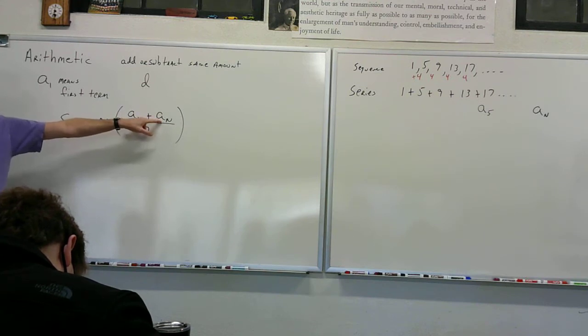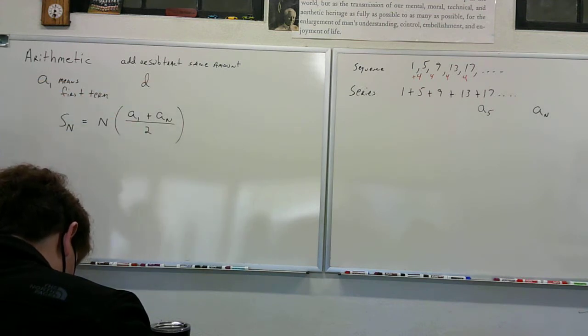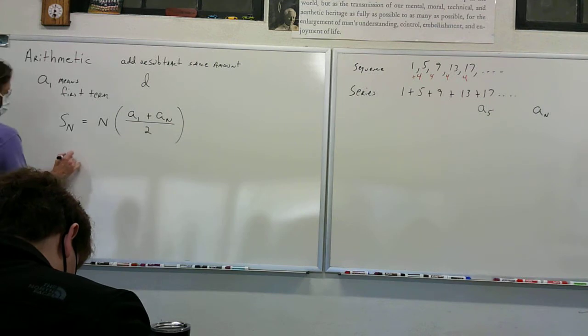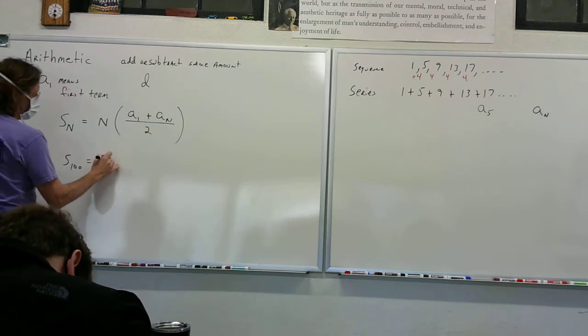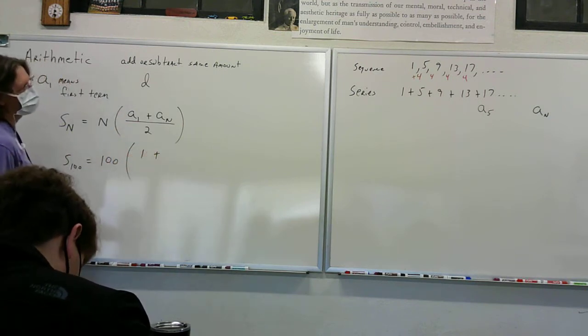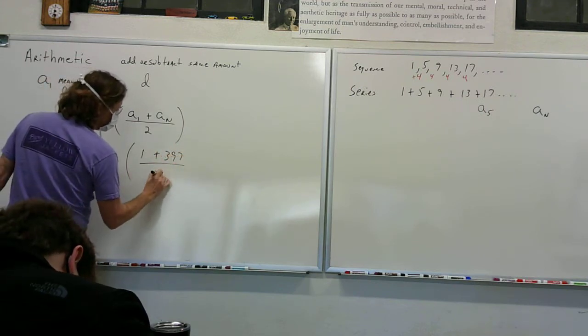See, got that last term. I worked it over there. How much is that last term for a of 100? 397. So if I want to know the sum of the first 100 terms, 100. First term was a 1. Last term was 397. And I'm going to divide that by 2.